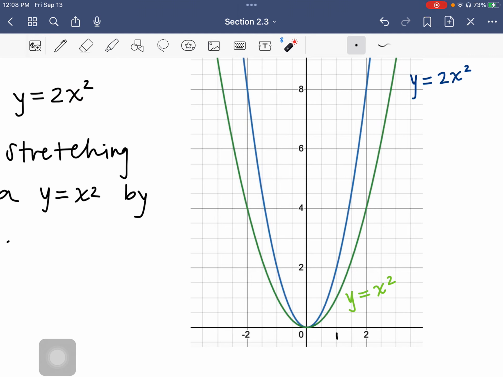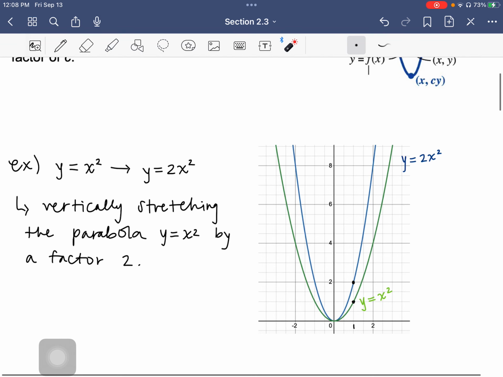So our output would now change to 2. Okay? So this point here is now stretched and is this point here. And we can do that for every point along this parabola, and we'll see that it'll result in this blue parabola here. And this is what it looks like when we vertically stretch this guy.